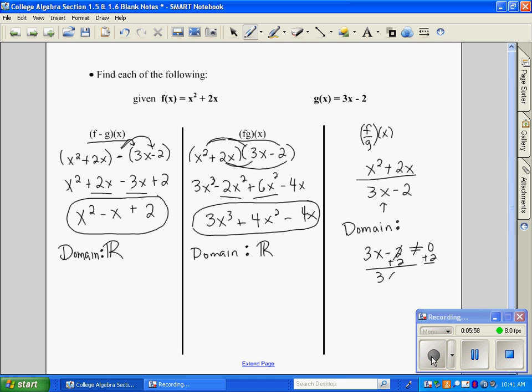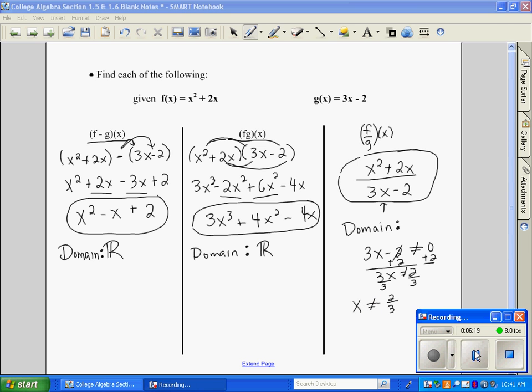So that gives us 3x is not equal to 2. Divide both sides by 3. And our domain is that x cannot equal 2/3. So this is our function, represented by f divided by g of x, and this is our domain of that function.